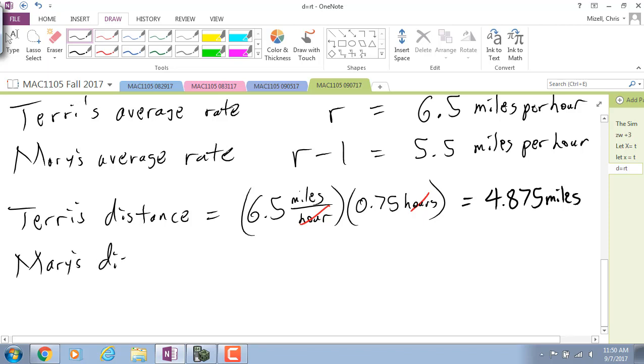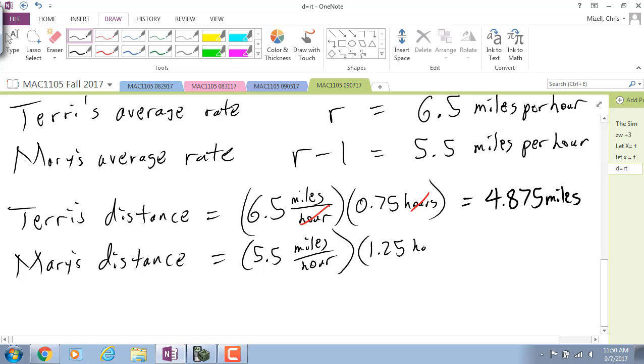So Mary's distance equals 5.5 miles per hour times 1.25 hours. Is it the 6.875 miles that we need? Here we go.